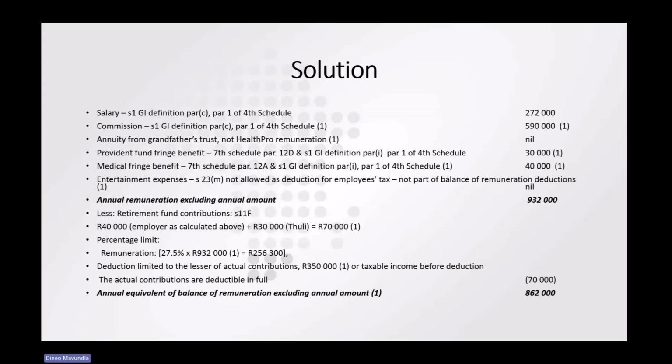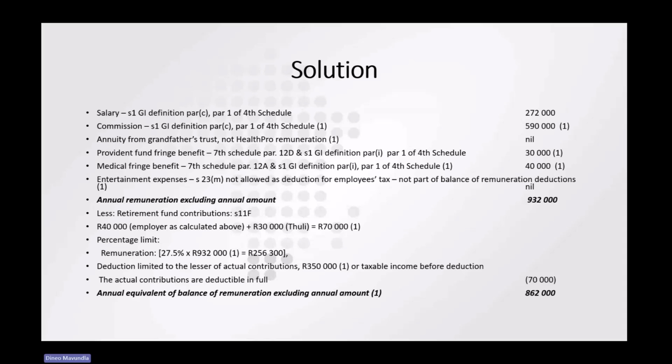Base the 27.5% in the section 11 cap F deduction on the remuneration paid by the employer in that specific month. So an employer can only base his calculations of the section 11 cap F deduction to be taken into account for the employee's tax purposes on the information available to him.